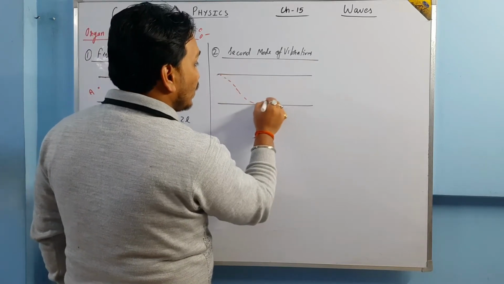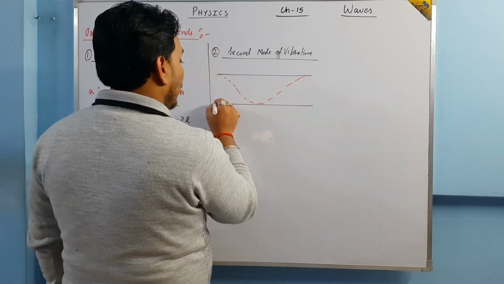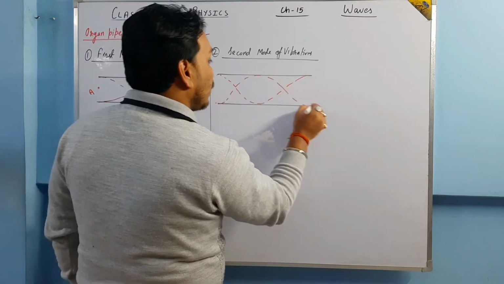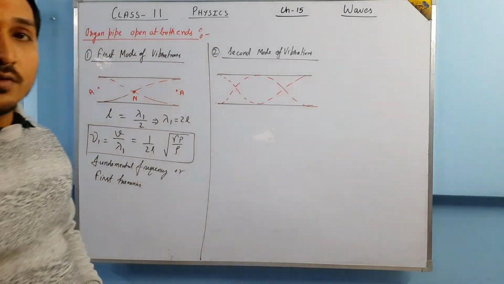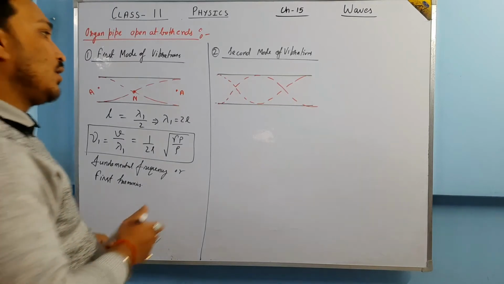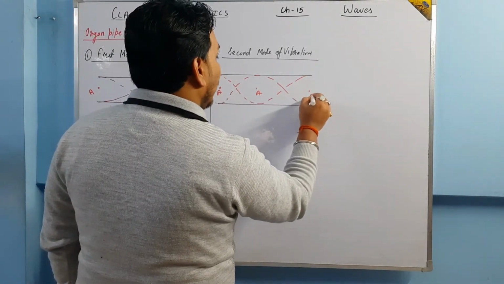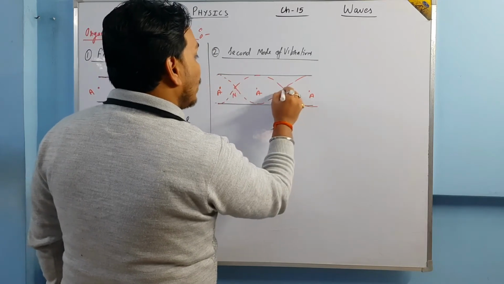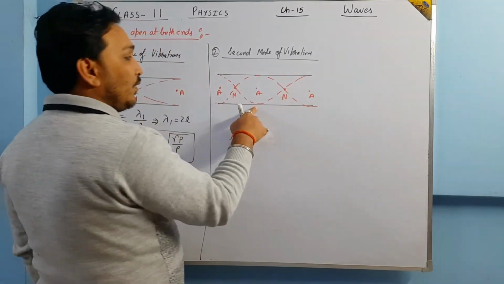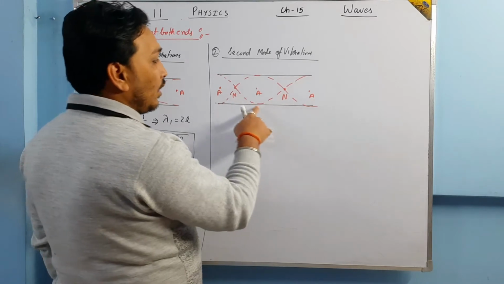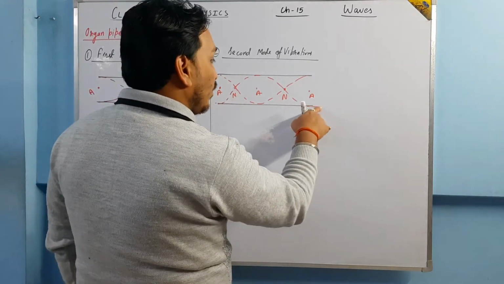The next frequency which is possible is going to be like this. This is an antinode, this is an antinode, this is an antinode, and these are nodes. What is the distance between two antinodes? Lambda by 2. Total length is going to be what?